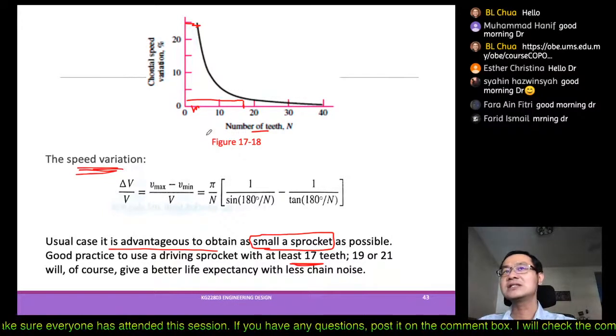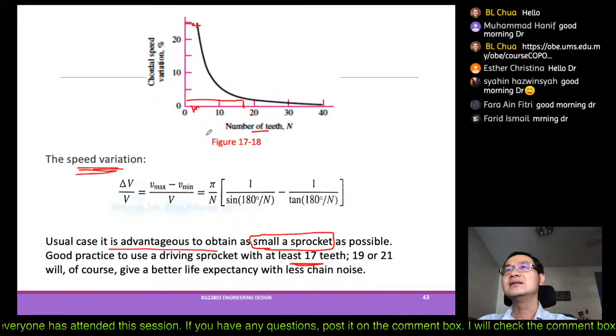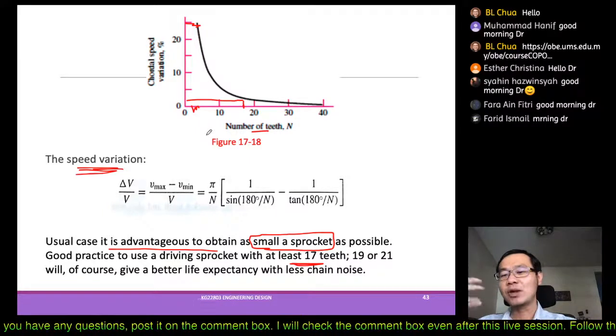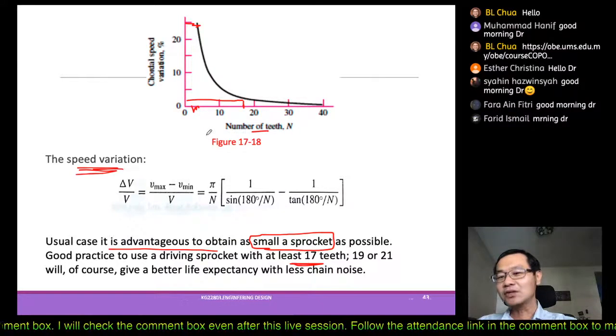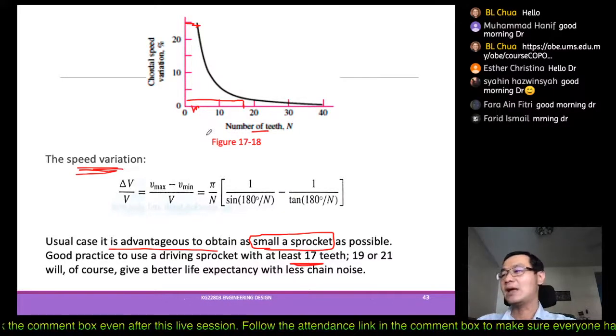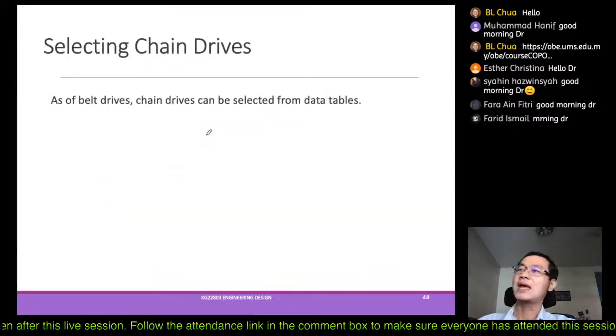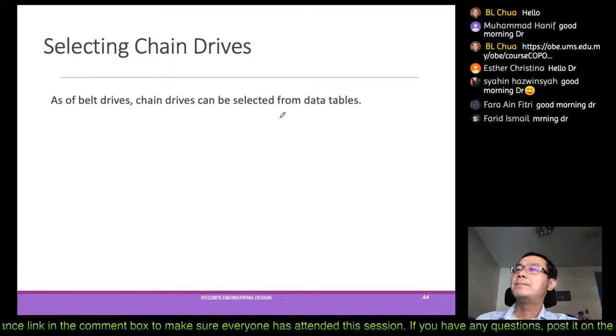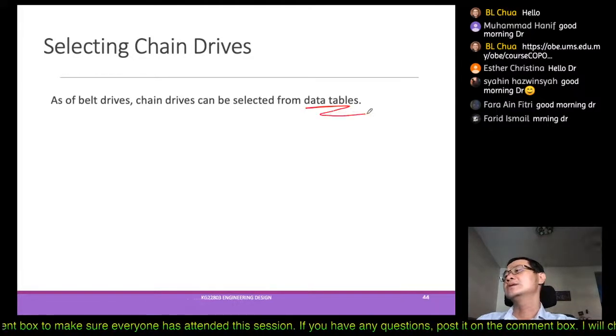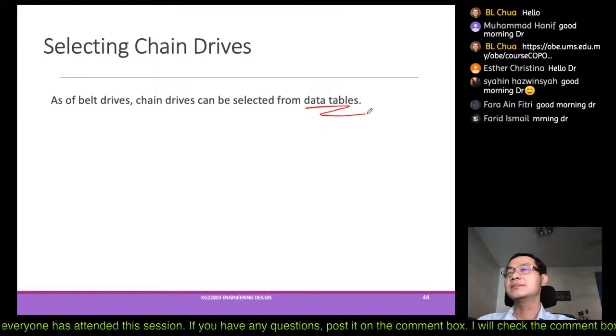This is required to be kept in mind when we design. We want a smaller sprocket, but we start with about 17 teeth and above. This is the reason why. When we select, again, it depends on the data table from the manufacturers.